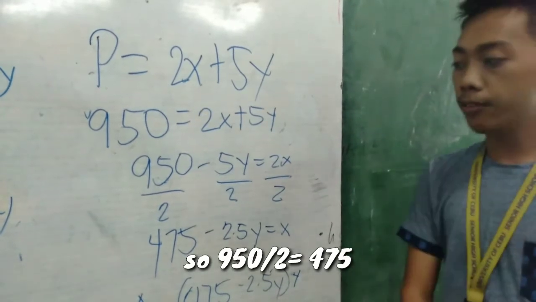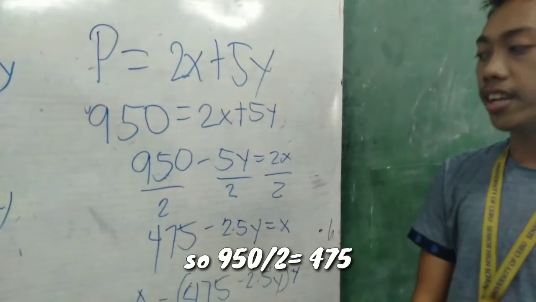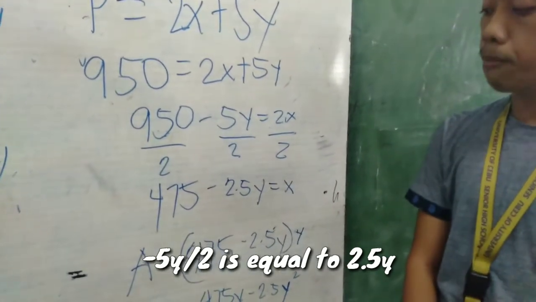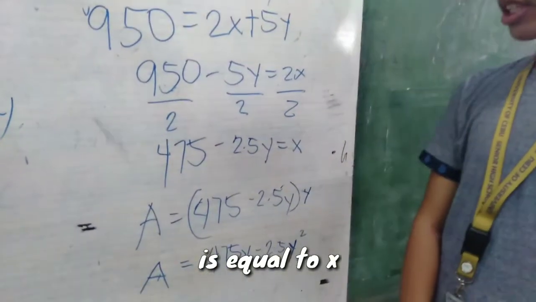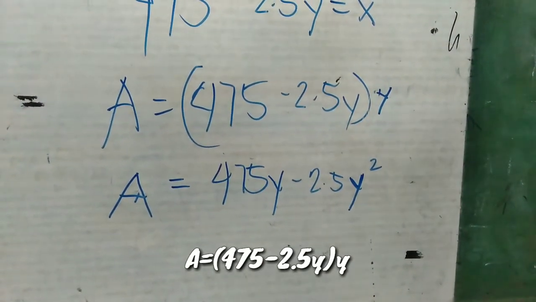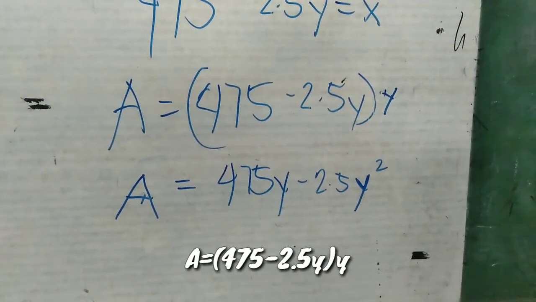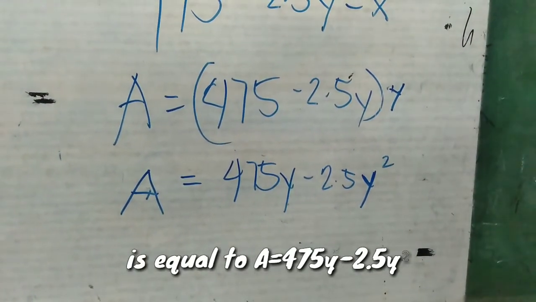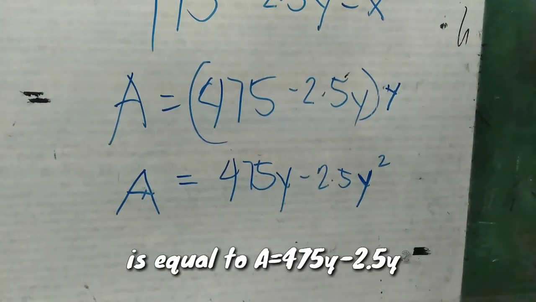So 950 divided by 2 is 475, minus 5y divided by 2 is 2.5y, is equal to x. So the area is equal to 475 minus 2.5y times y, so area is equal to 475y minus 2.5y squared.